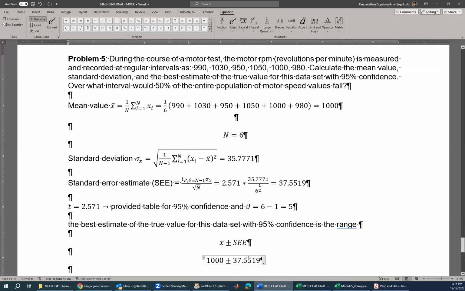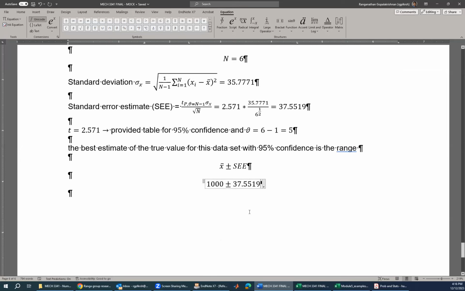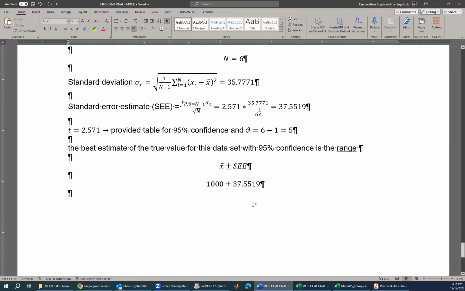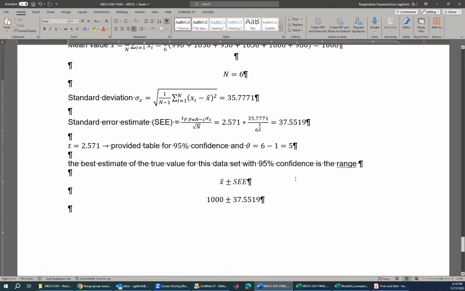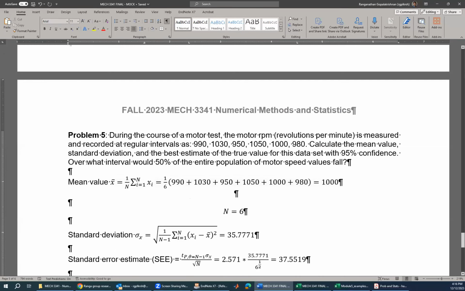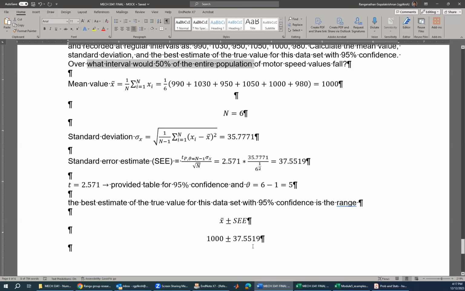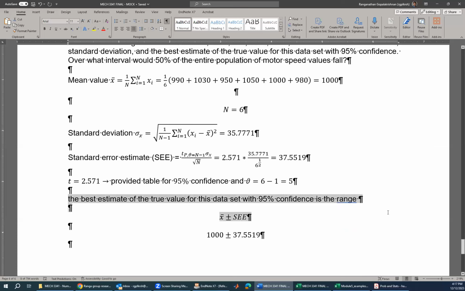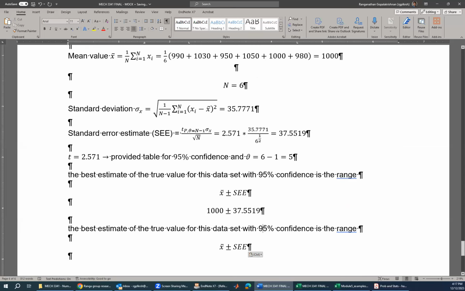All right. Then you are asked, over what interval would 50% of the entire population fall? So if you want 50%, that is like asking for the best estimate range with only 50% confidence.